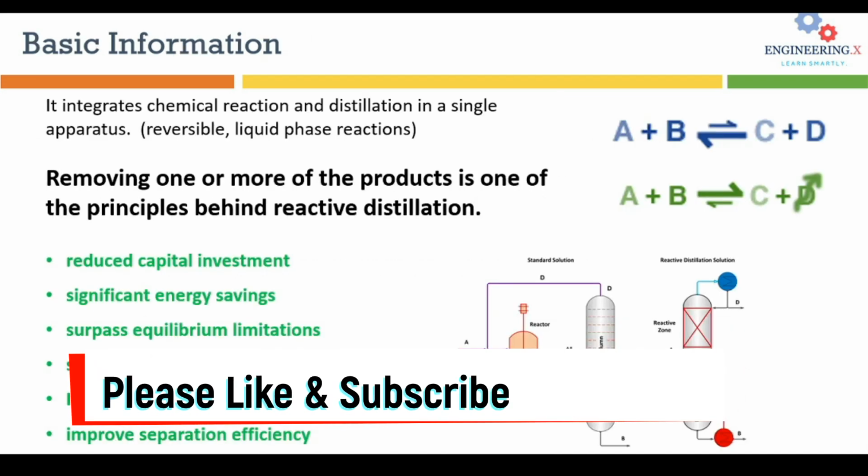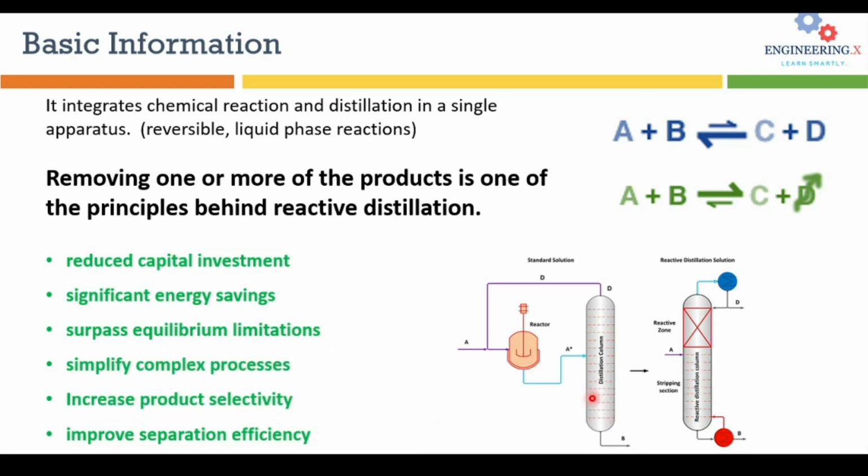And first of all, let's have some basic information regarding reactive distillation. Actually, it is a technique in which chemical reaction and distillation happen in a single apparatus, and this technique is very useful for reversible and liquid phase reactions.